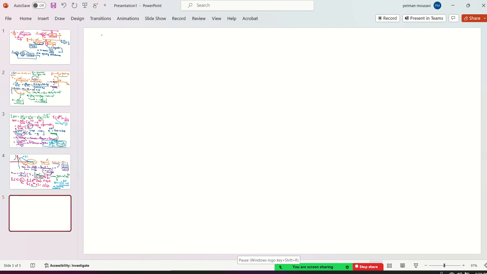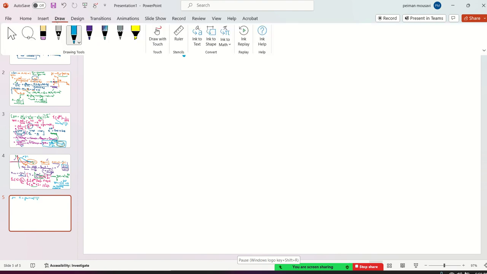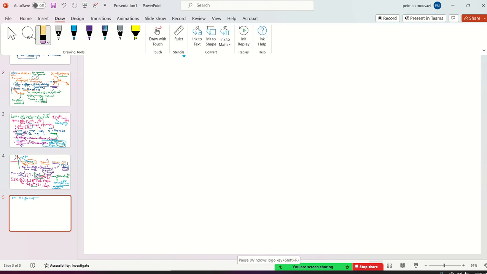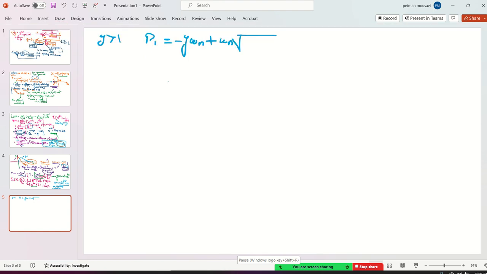So you get P1 as you have in your notes, I'm just repeating: minus zeta omega n plus omega n square root of zeta square minus 1, because zeta is greater than 1.